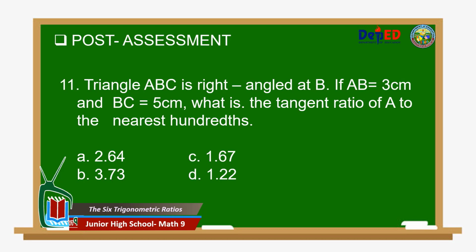Triangle ABC is right-angled at B. If AB is equal to 3 centimeters and BC is equal to 5 centimeters, what is the tangent ratio of A to the nearest hundredths? A. 2.64, B. 3.73, C. 1.67, and D. 1.22.